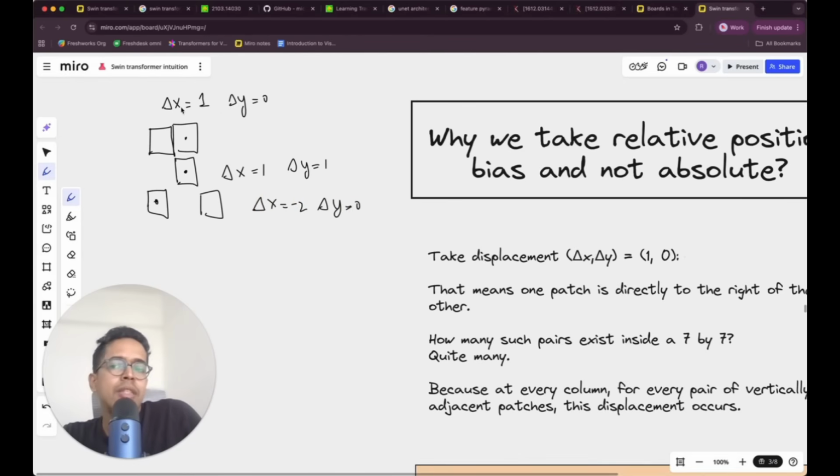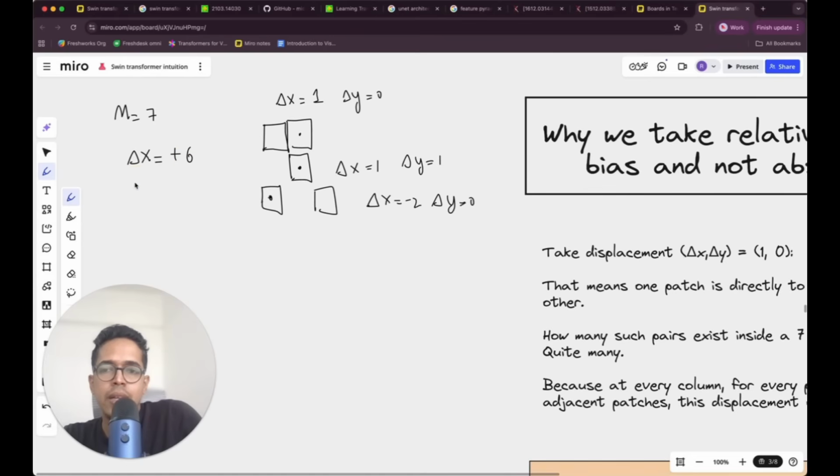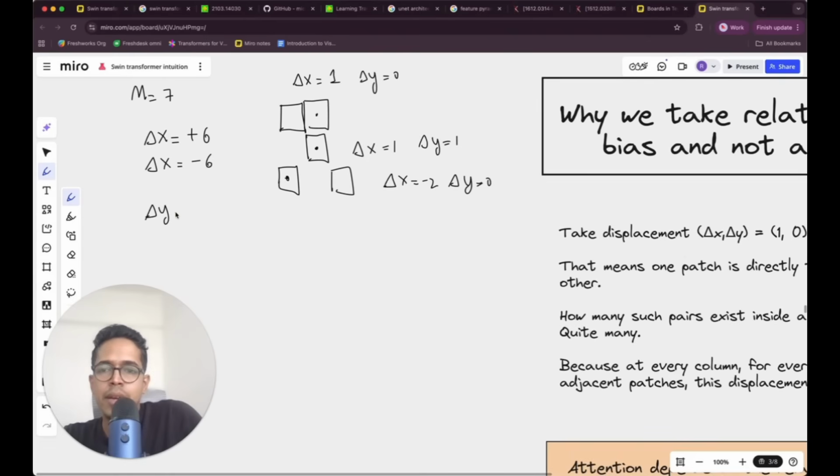So how many such unique delta x, delta y values would be there in my window? First of all, think about my window. My window size m equal to 7, which means the maximum distance between two patches along x will be: delta x is equal to maximum positive number plus 6, minimum negative number minus 6. Similarly, maximum positive y number will be plus 6, minimum negative y number will be minus 6. So this is a set of 13 numbers ranging from minus 6 to plus 6.